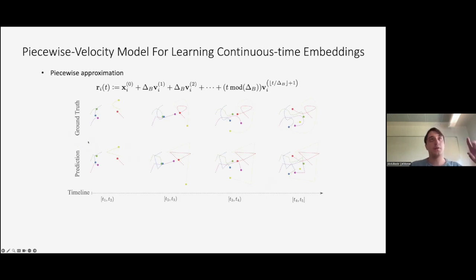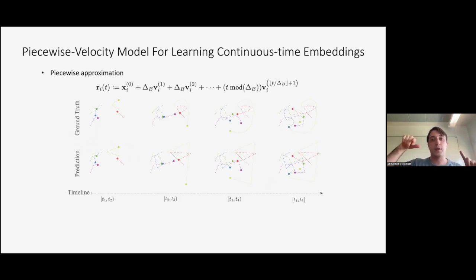The first row shows the ground truth representations in the latent space, and the second shows the predicted trajectories. Here we divide the timeline into 4 bins, with one velocity vector for each bin, so we perform piecewise linear motions in the embedding space.